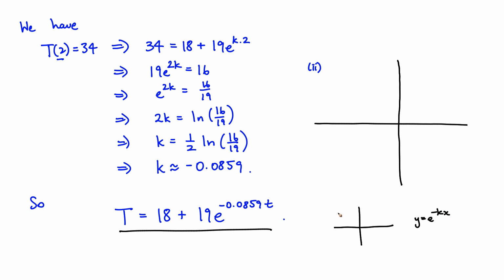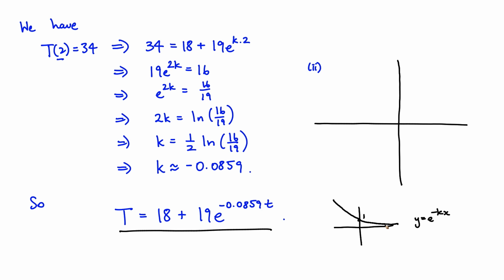You should know this goes through the point 1 when x equals 0. This has value 1, and it goes off to infinity on the left, and then as x gets bigger, it gets closer and closer but never touches 0. That's the basic shape of an exponential function with a negative exponent.